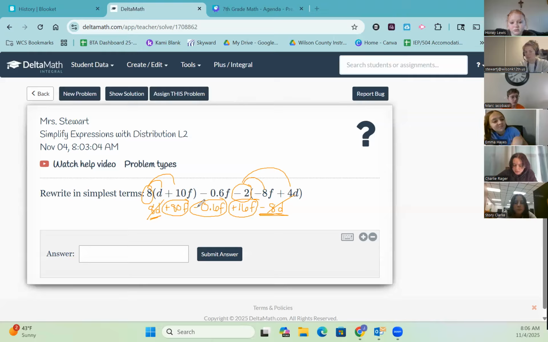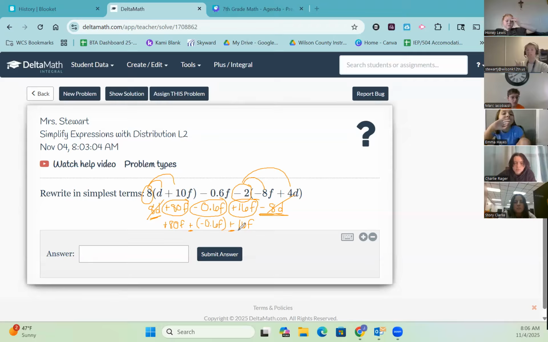Remember when you have subtraction, it's the same thing as 80F plus negative 0.6F, right? Plus 16F. And when we add, we can reorder our numbers, right? Order does not matter for addition, right? Order matters for subtraction though, right?